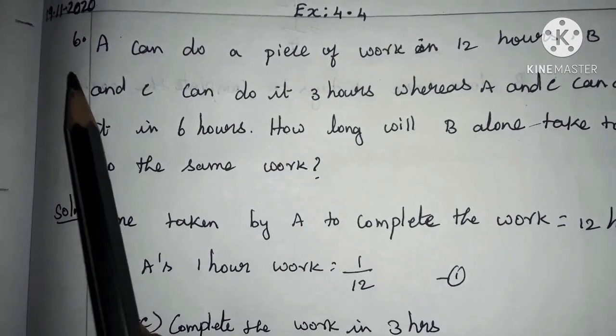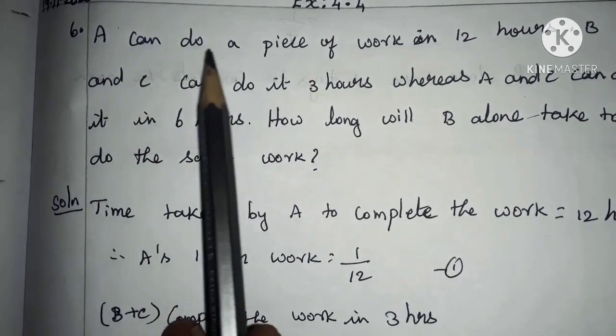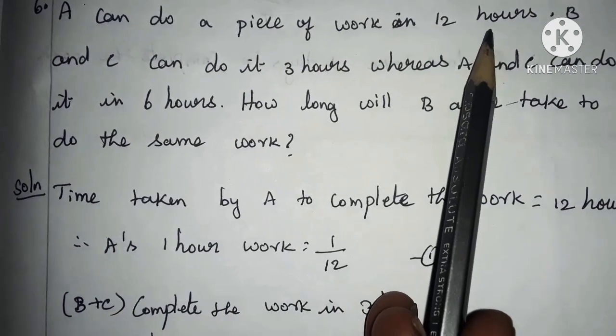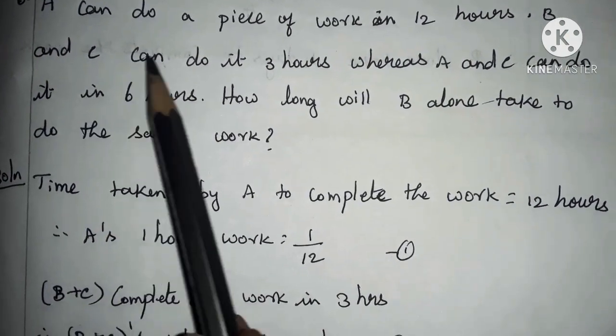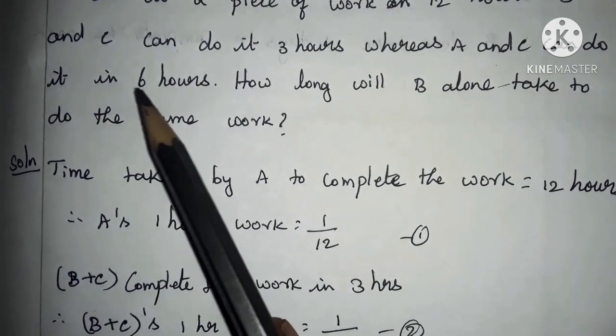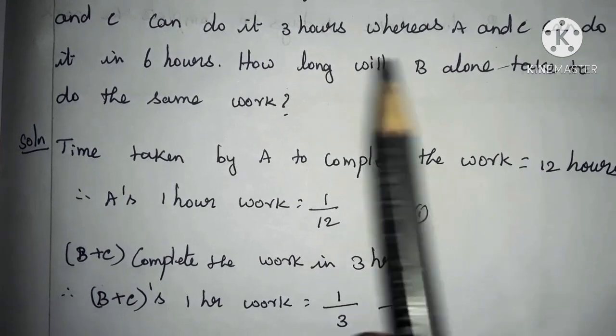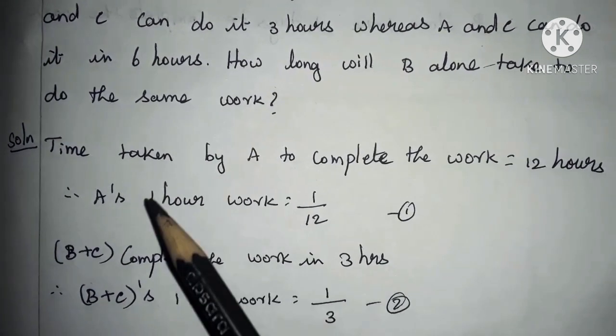Sixth one, 4.4. A can do a piece of work in 12 hours. B and C can do it in 3 hours, whereas A and C can do it in 6 hours. How long will B alone take to do the same work?